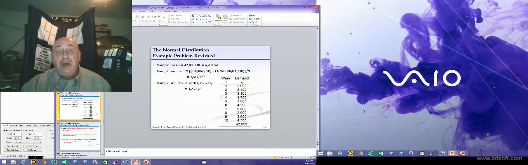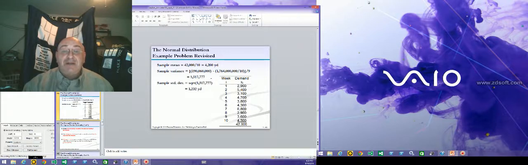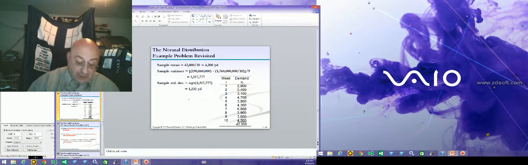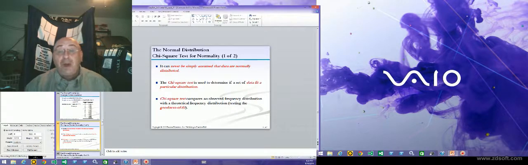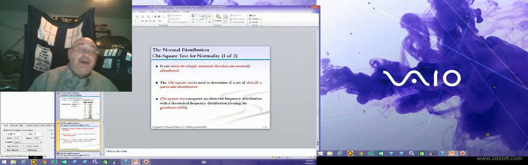So we go through here and we will find out what the sample variance is: 1,517,777. Standard deviation is the square root of that and is 1,232 yards.